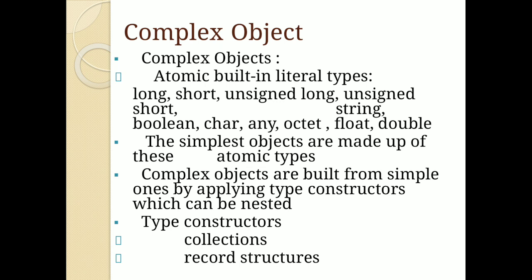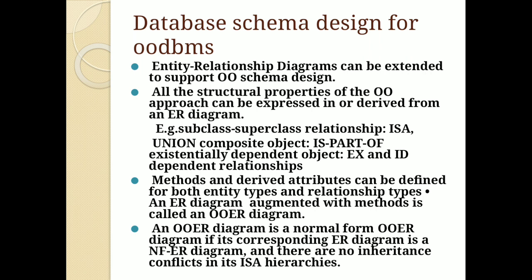A complex object is built from atomic built-in literal types like long, short, unsigned long, unsigned short, string, float, double. The simplest objects are made up of these atomic types. Complex objects are built from the simple ones by applying type constructors, which can be nested, and type constructors are the collection or other record structures.